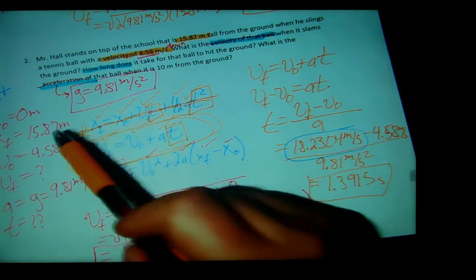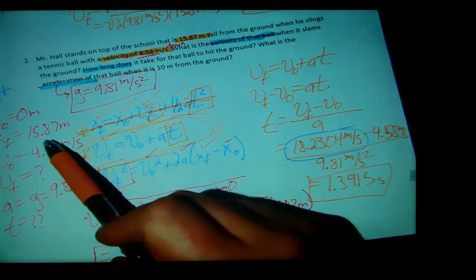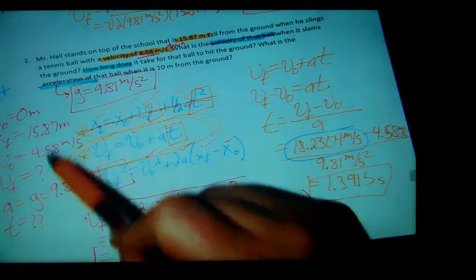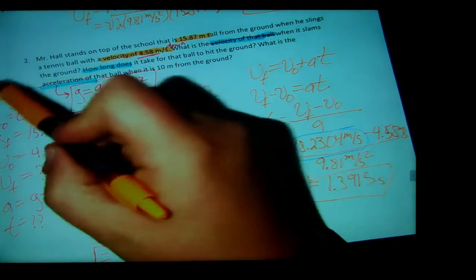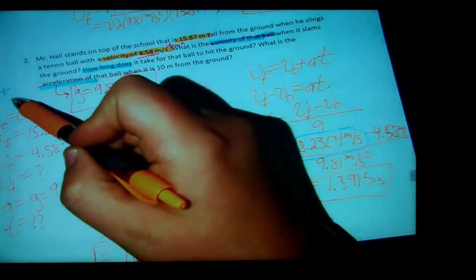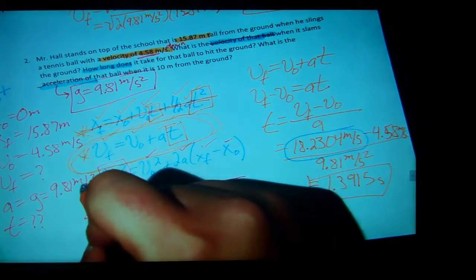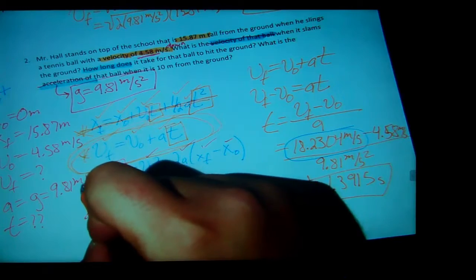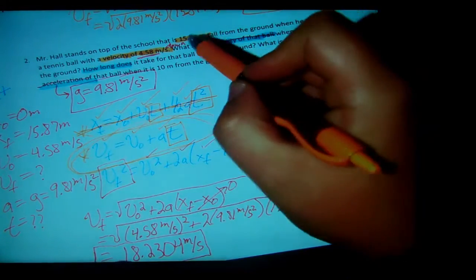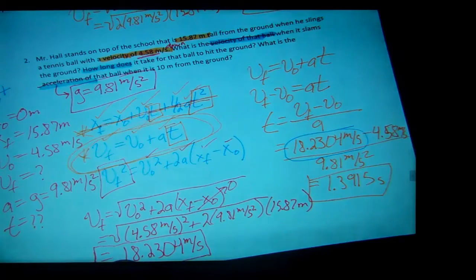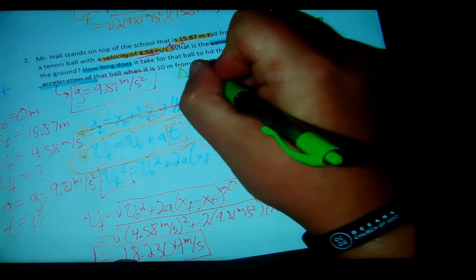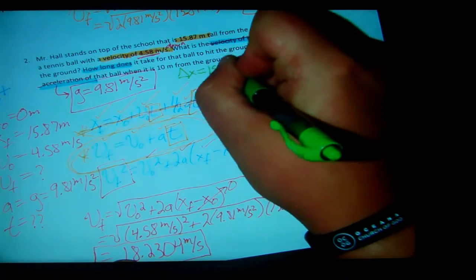I am, but I switched my axis, where the origin of my axis is, so that everything will work out. I made down positive, and everything's going in the down motion right now. It makes everything positive for me if I make my initial position 0, because what you're looking at there, and it's a great question, is your change in displacement, which is the 15.87 meters.